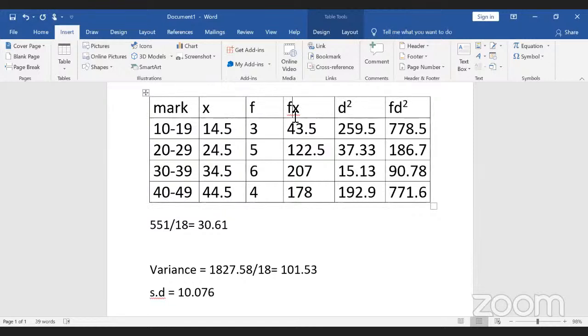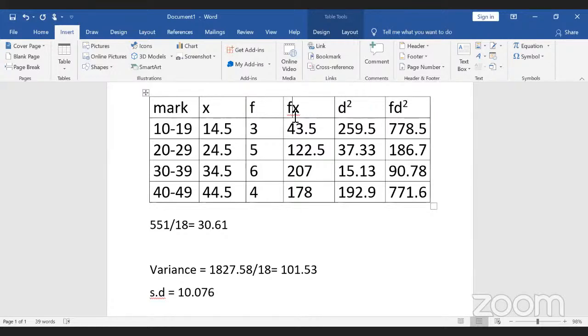I don't know whether you have access to your log table. We can have more than one. Some questions will tell you to use this to get standard deviation. Sometimes they will just leave you to make use of whatever you know.